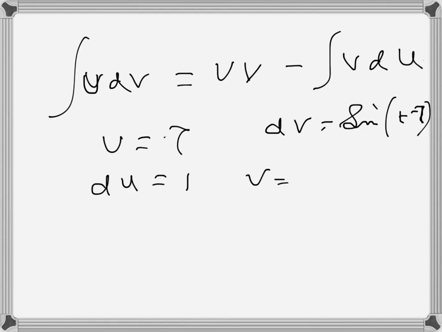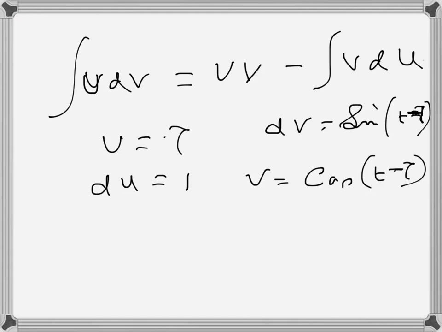The integration of sine is negative cos, but because of the negative tau in t minus tau, it becomes plus cos of t minus tau, because the two negatives get multiplied, so it becomes plus. So this is our integration.